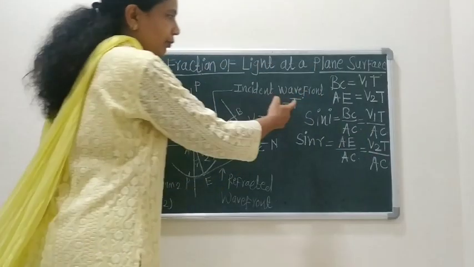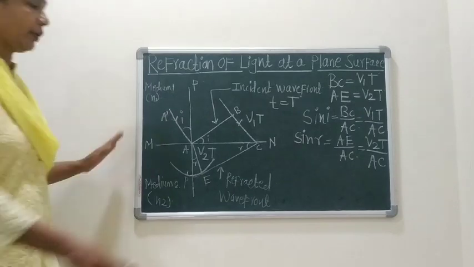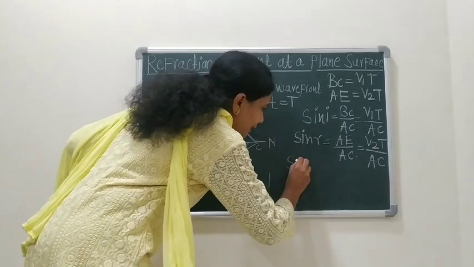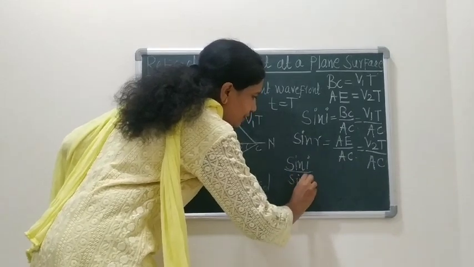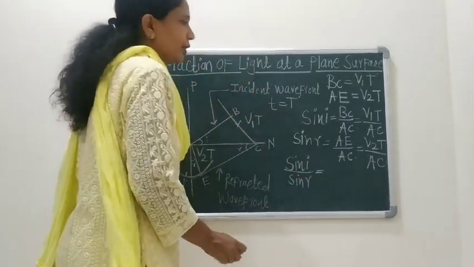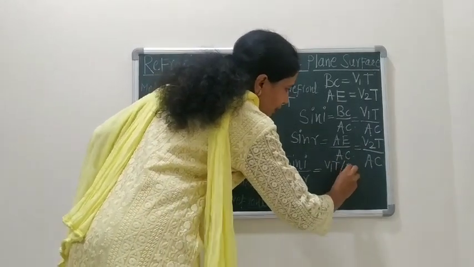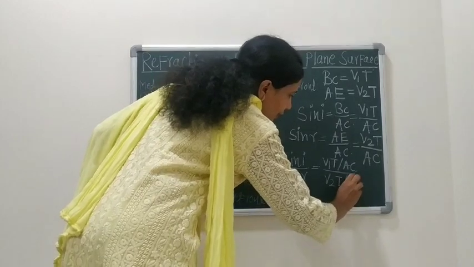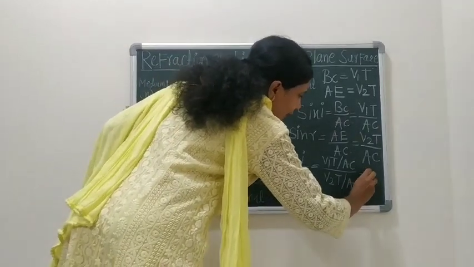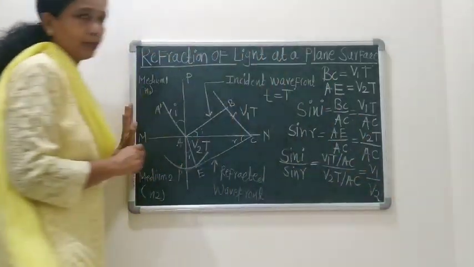Therefore, take the division of these two equations. We get sin I upon sin R is equal to V1T upon AC upon V2T upon AC, and this is equal to V1 upon V2.